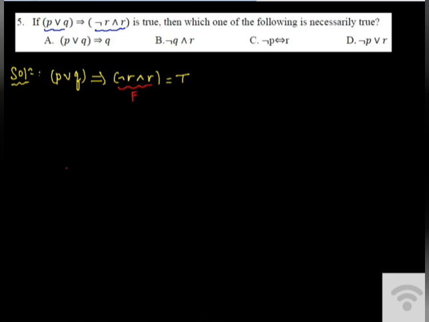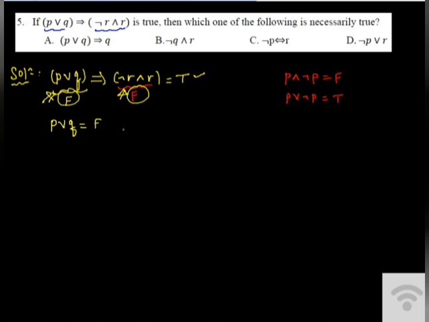For any proposition P, P and the negation of P is false. P or the negation of P is true. We need to know this fact. So let us apply this. This part is false, so P or Q must be false.